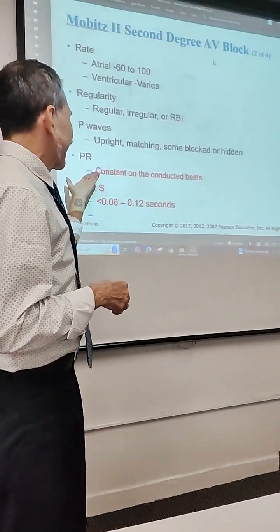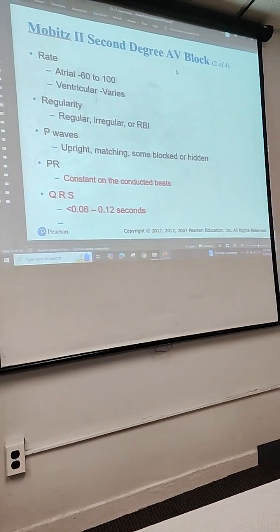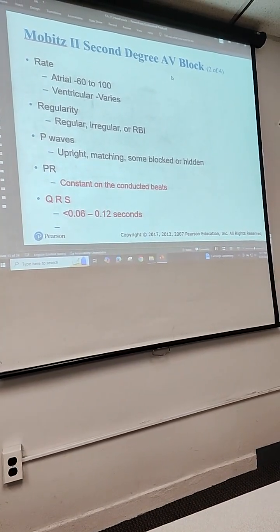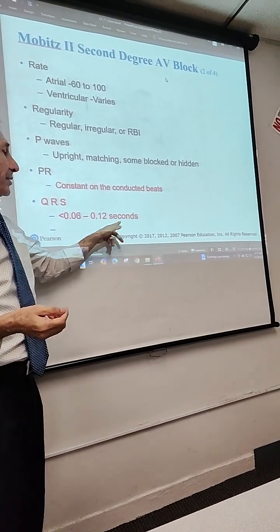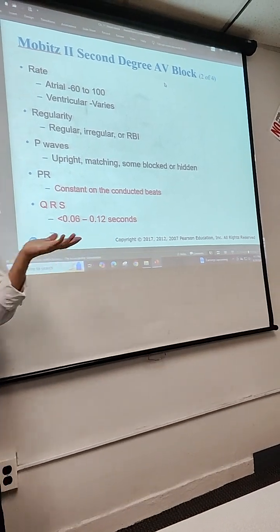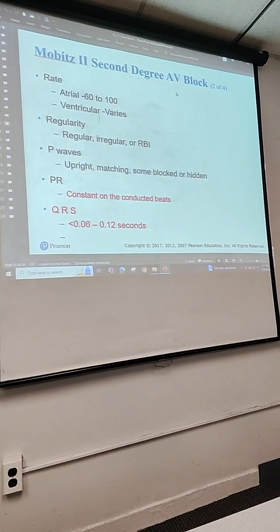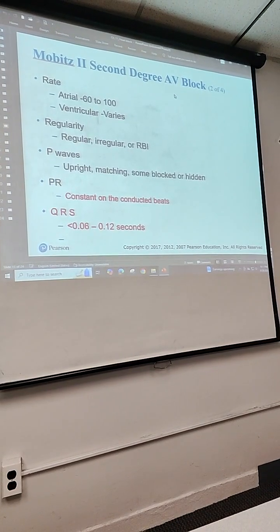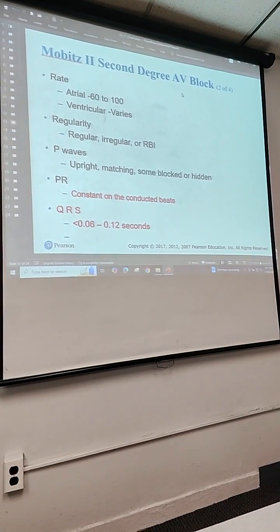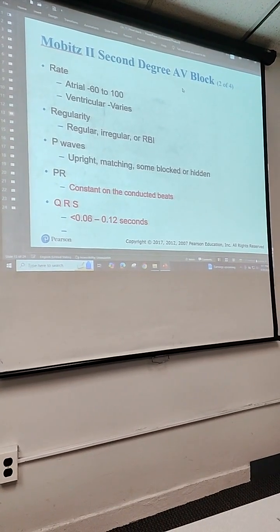The conducted beat is constant and normal, so it's not prolonged. QRS, the same, but if it drops the QRS, you're going to see like the little gap right there. Everything else is just normal.